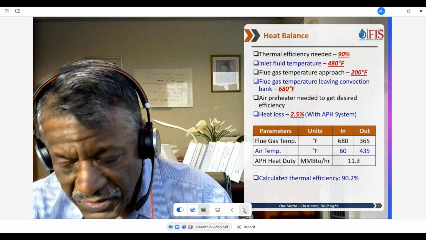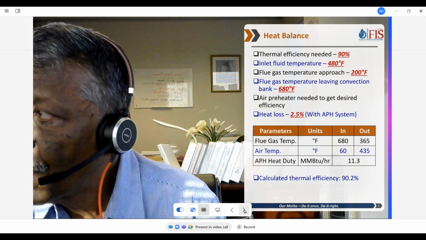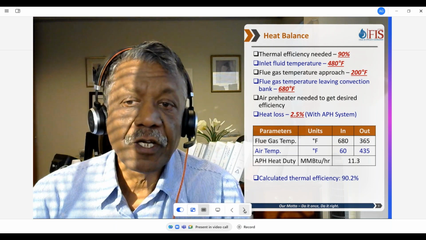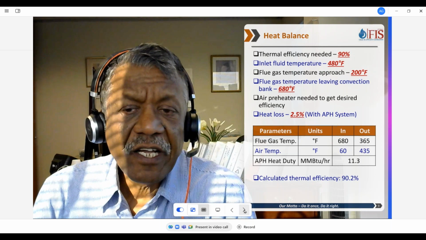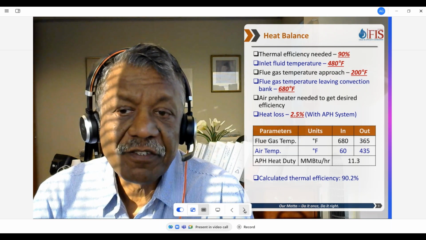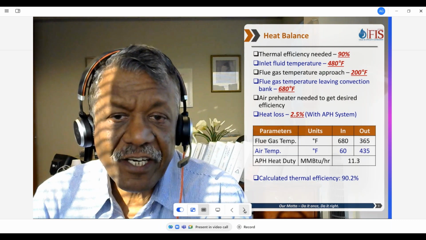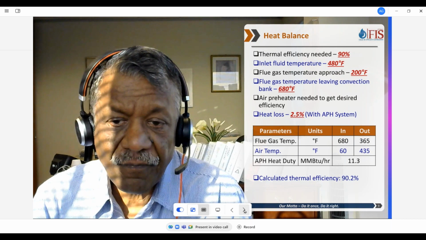So one of the first things which we need to do in any equipment design is heat balance. And heat balance is needed to establish the energy balance.